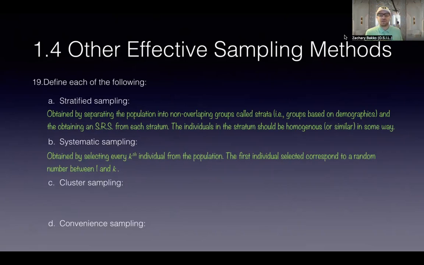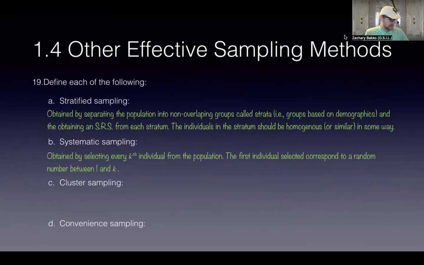The first individual selected corresponds to a random number between 1 and k. So let's say you want to choose every 5th person. You're going to start off somewhere between 1 and 5. We'll just say 2. Then we're going to go every 5th person from there. That's how you obtain your systematic sample until you have, let's say, 100 people or something.